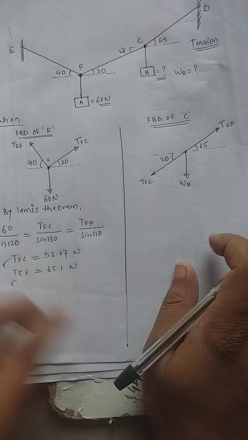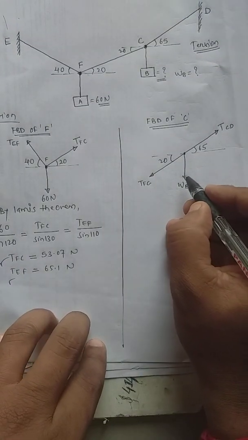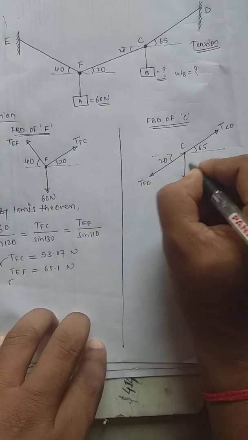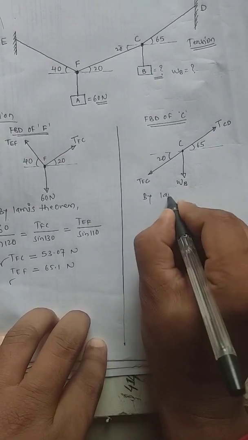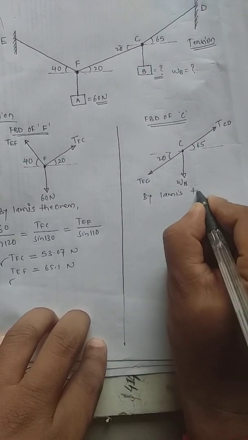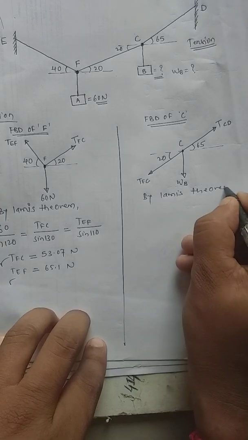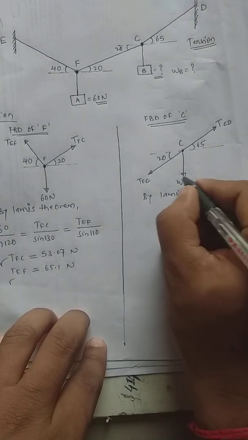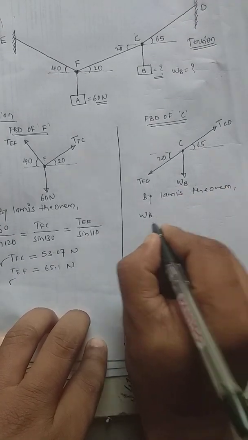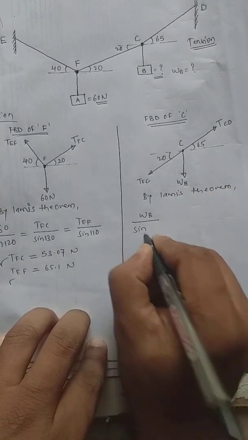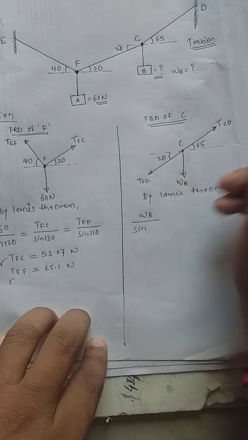Similarly, how many forces are acting at point C? 1, 2 and 3, 3 forces. We can apply Lami's theorem. So by Lami's theorem, first of all you take WB divided by sine of the angle between the remaining two.